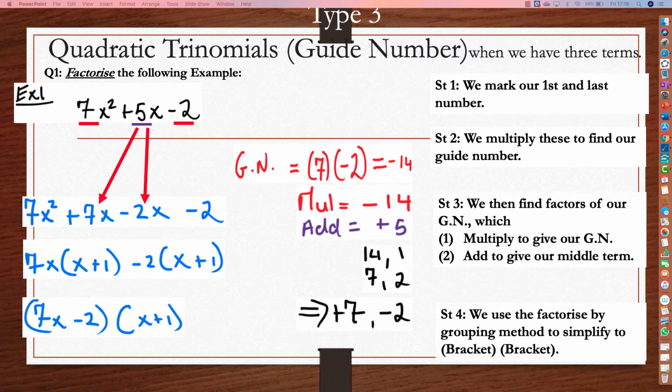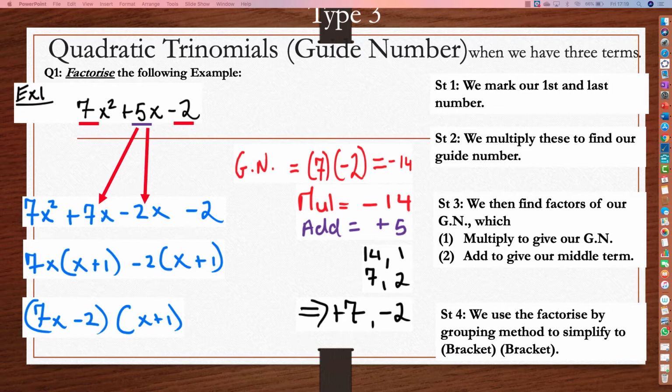And you're going to have to practise on these. I'm going to leave that up on the board just so you know. Forget the rest, just go through the steps.